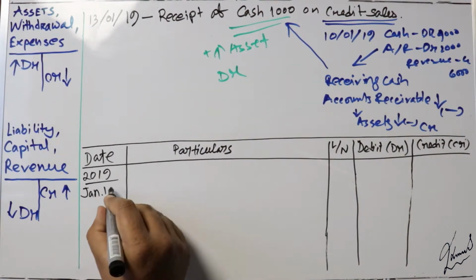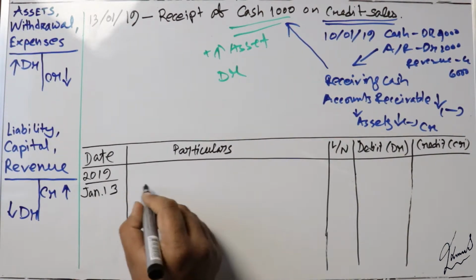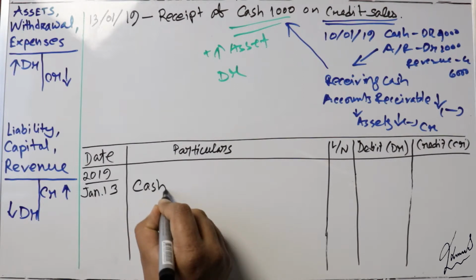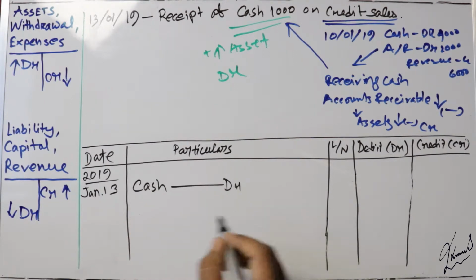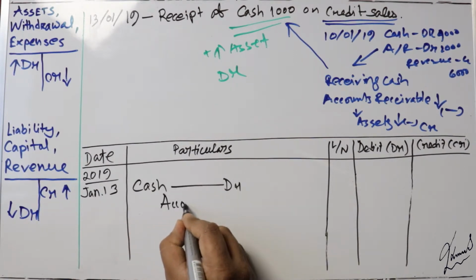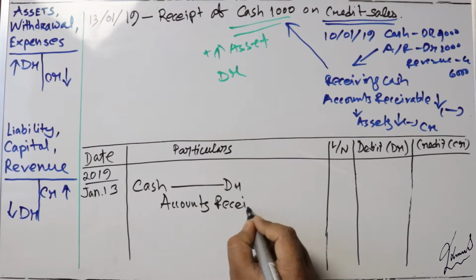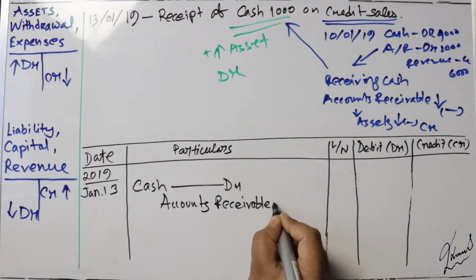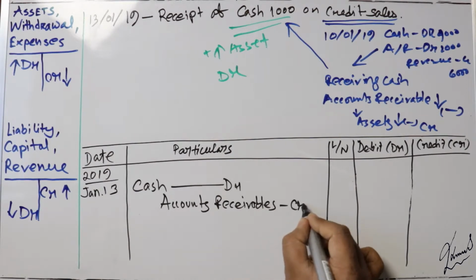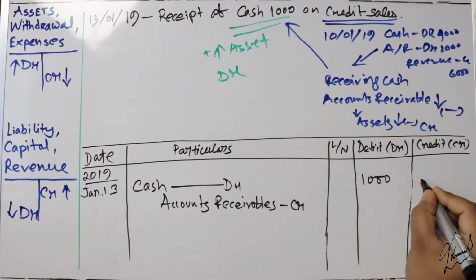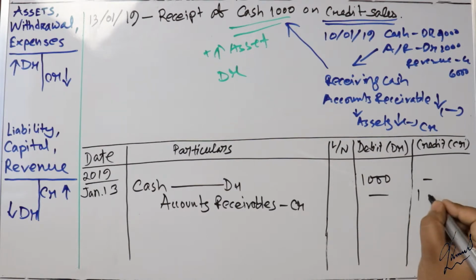So first put the date in the journal book, then first of all include the debit account, that is cash debit, and then credit will be accounts receivable because now it is decreasing. Accounts receivable credit, so the amount is 1000 for both the accounts.